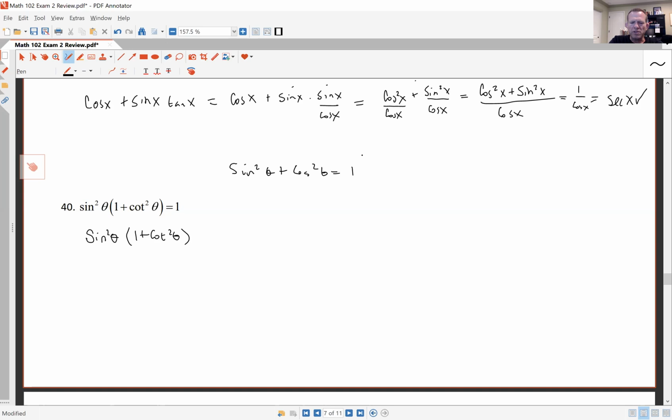And so to get a cotan squared, I would want to divide everything by sine squared. And so that tells me that 1 plus cosine squared over sine squared is cotan squared, and 1 over sine squared is cosecant squared. So that tells me that 1 plus cotangent squared is cosecant squared.